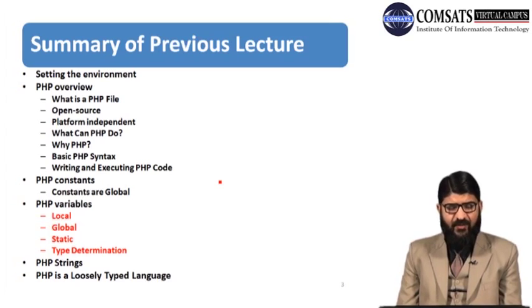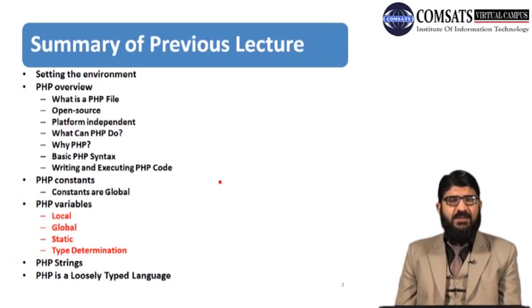And in the end of previous lecture, we have seen how to declare string, and we have finally reviewed PHP as loosely typed language, which means that if the user is not explicitly mentioning the data type of variable, the PHP itself comes to know about the data type by the value of that particular variable. So this is the concept of loosely typed language. This is all about that we have discussed in the previous lecture.